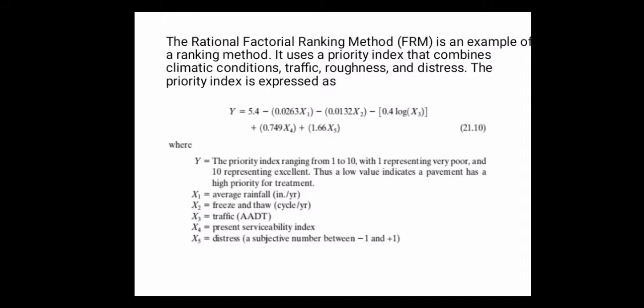The priority index is expressed as y equals 5.4 minus the quantity of 0.0263 x sub 1, minus the quantity of 0.0132 x sub 2, minus the quantity of 0.4 log times x sub 3, plus the quantity of 0.749 x sub 4, plus the quantity of 1.66 x sub 5, where y here is the priority index ranging from 1 to 10, with 1 representing very poor and 10 representing excellent.